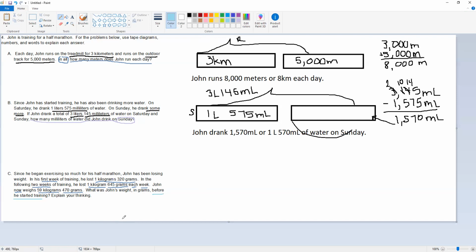So let's start with our tape diagrams. I know the first week how much he lost, and I know that there's 2 more weeks of training and how much he lost each week. So for each of those 2 weeks, and then how much he weighs right now.